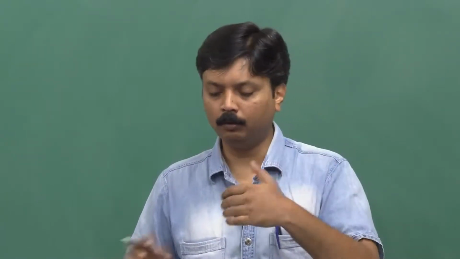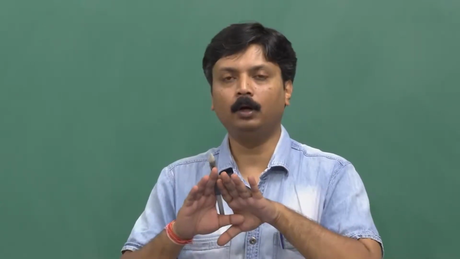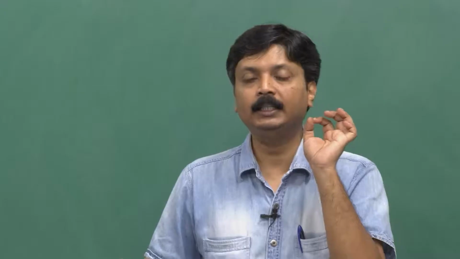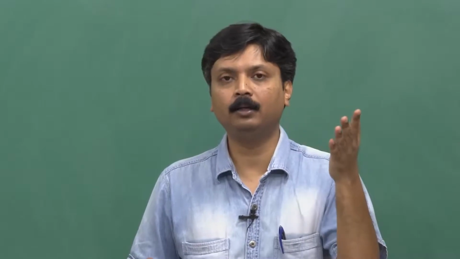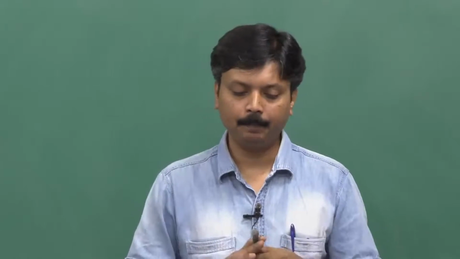And as I showed in the previous slide, you use some reflective screens, which are diffuse reflective screens, to avoid any kind of accident. And you should not keep any unnecessary object near the laser, because if at any moment you need something from that particular part, you may meet with an accident.